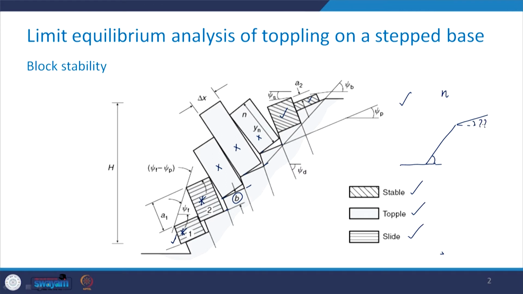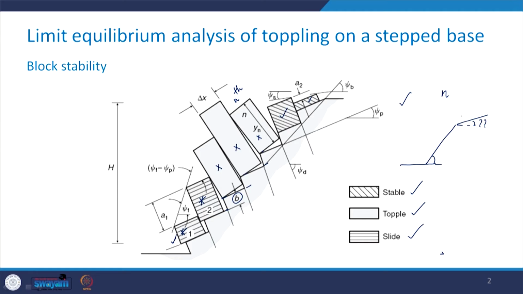Then any block, say the nth block here, can be above the crest, that means in this zone. It can be just at the crest, that is here, or it can be below the crest, which is like this. So, depending upon where this nth block is located, accordingly you can obtain the block geometry as we have discussed in the previous class.